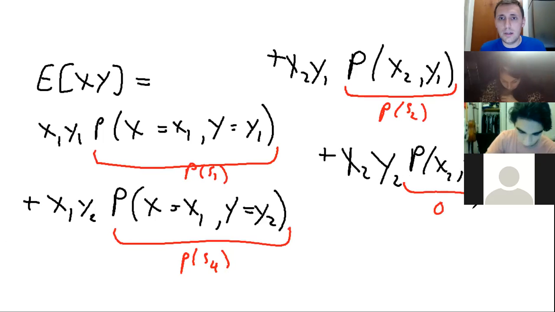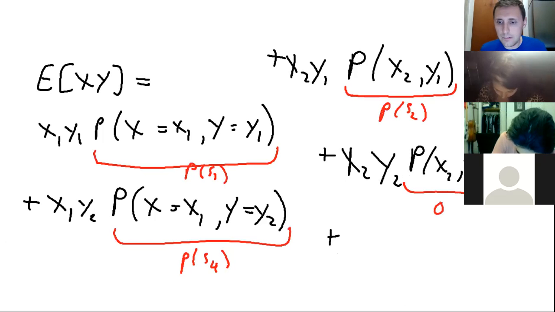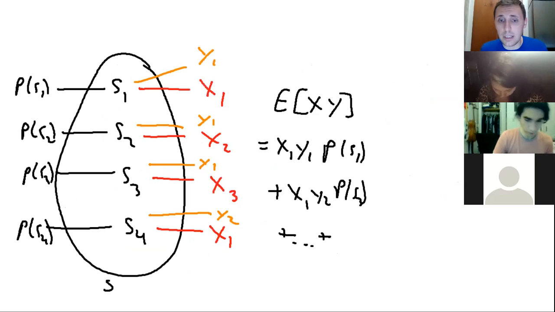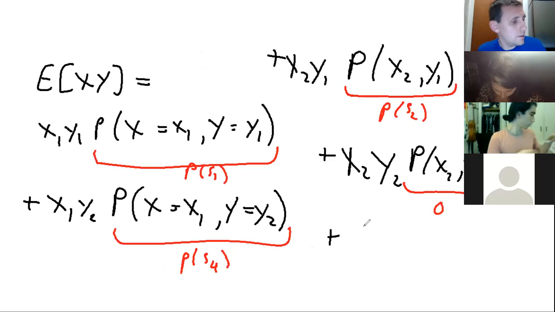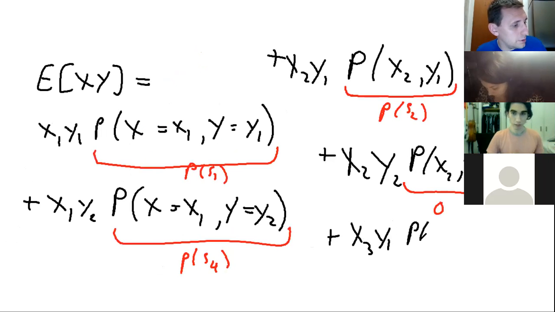Good. And then I think I have x3, so there is an x3 there. Then we have x3 and y1, the probability of x3, y1.